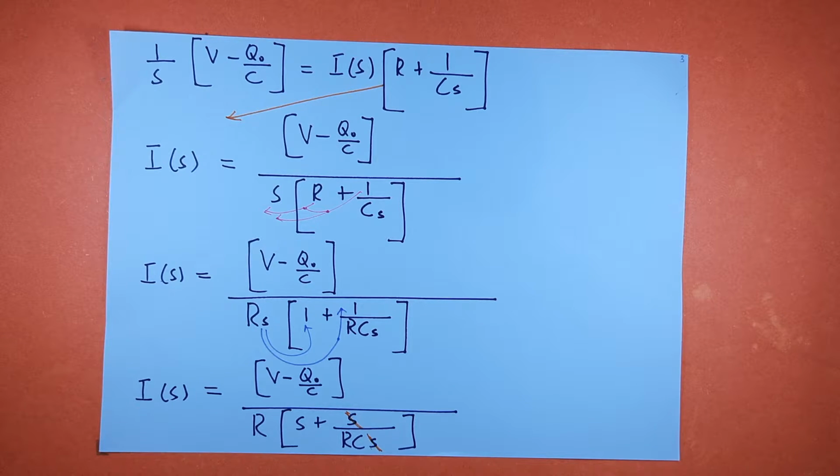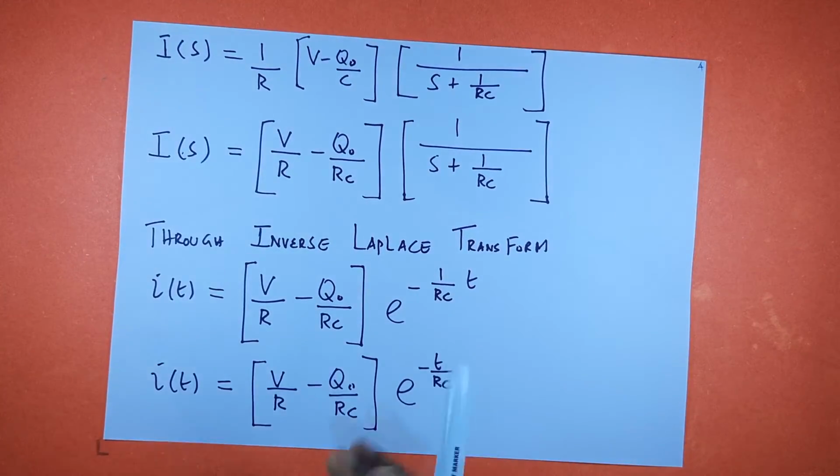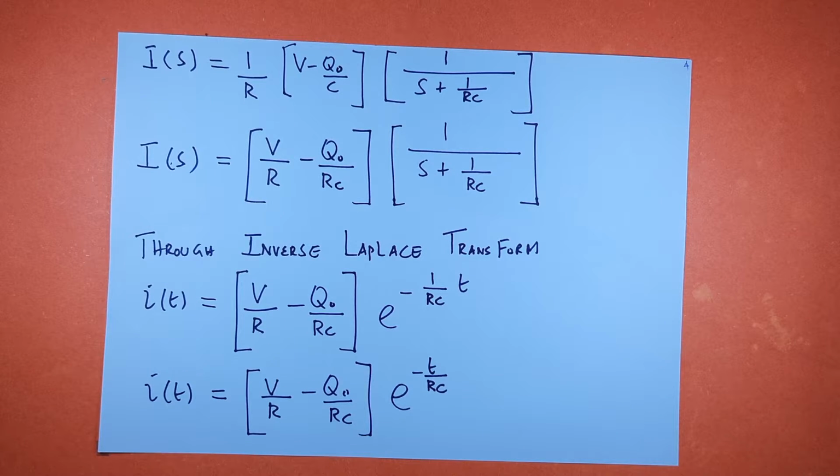So this S and S get cancelled. So the next term is going to be I(s) equal to 1 by R into V minus Q naught divided by C multiplied by 1 divided by S plus 1 by RC. So you can multiply this R inside the bracketed term. I(s) equal to V by R minus Q naught by RC multiplied by 1 divided by S plus 1 by RC.